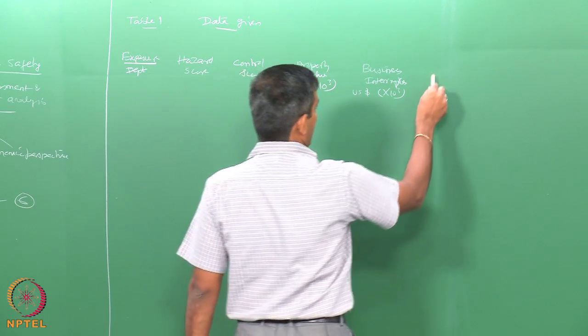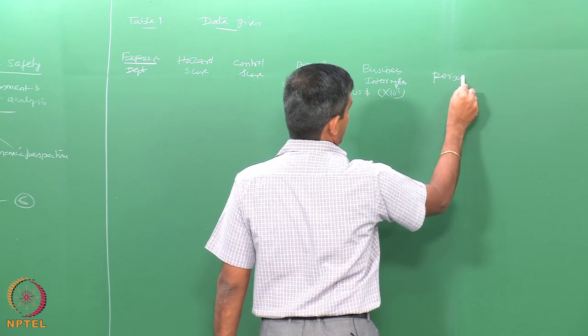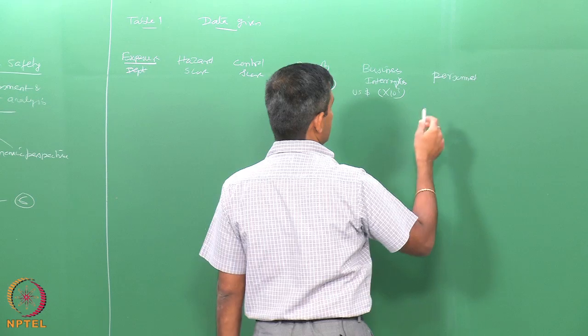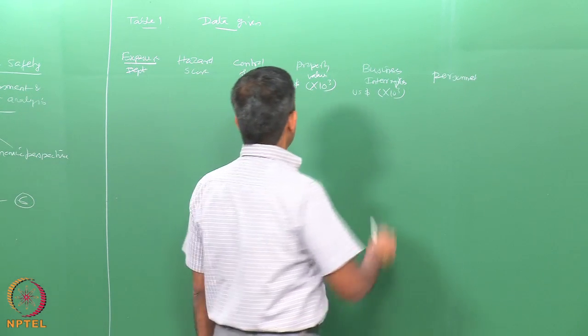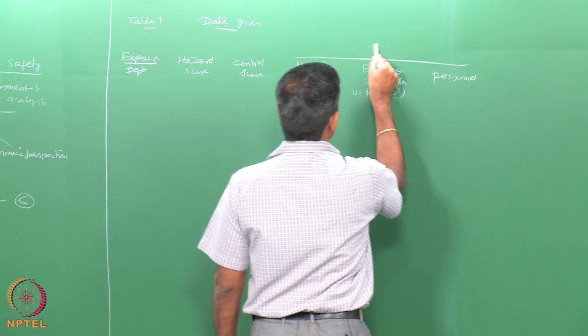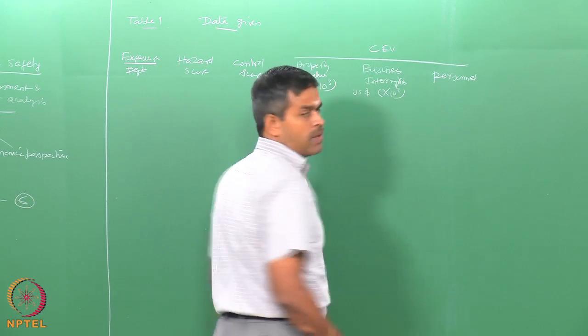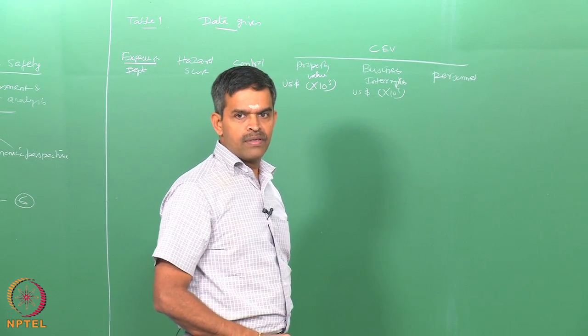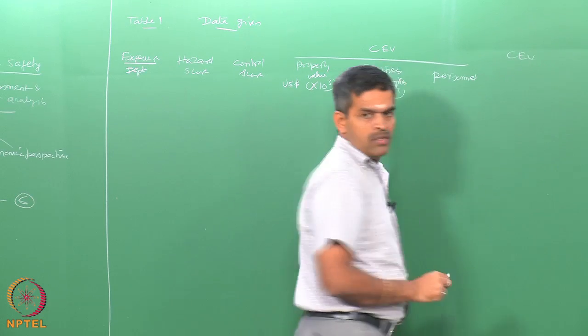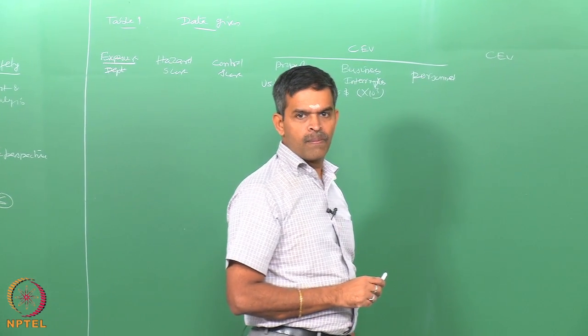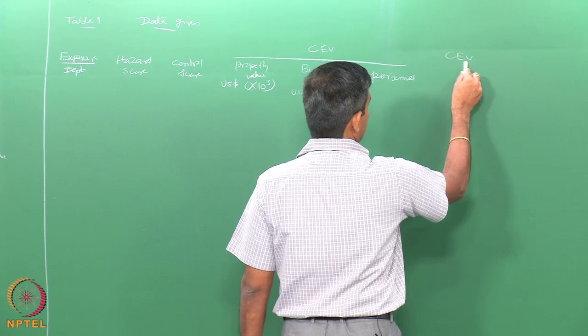And then I will also have the personnel exposure value, then all put together is my composite exposure value, which I will enter here in US dollars. So, I am entering the CEV value in US dollars, of course in 10 power 3.